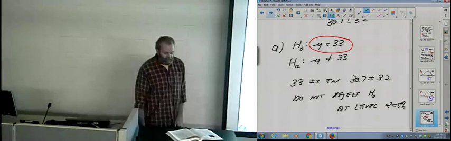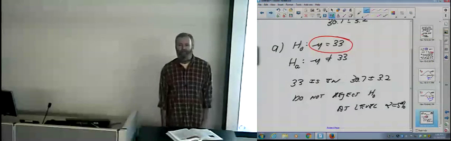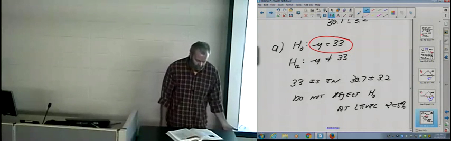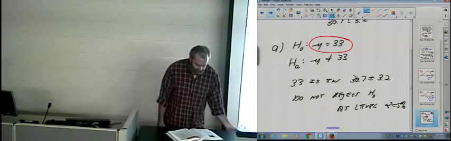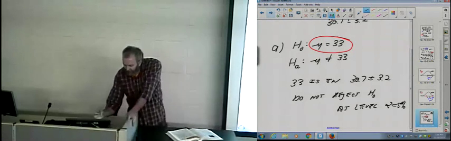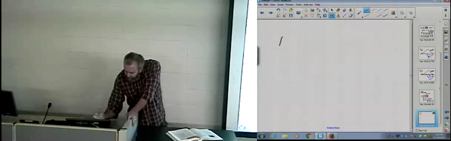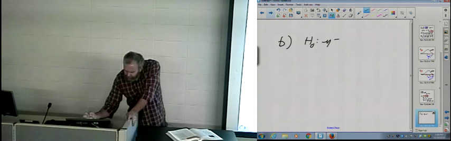And then you go to Part B. Now, Part B has to be the flipped side to this, right? Part B says, with a two-sided alternative, can you reject the null hypothesis that mu is equal to 34 at the 5% level? So Part B, they're doing this test of significance. What did they do it to? 34. The alternative is mu does not equal 34.